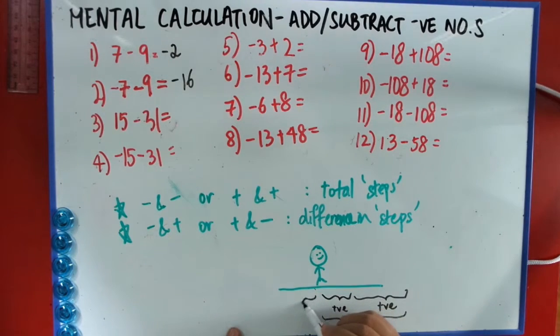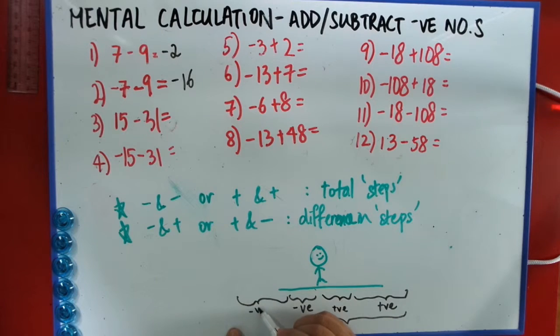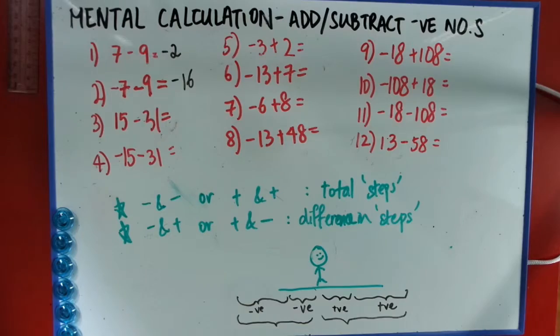If I have a negative number and I do another negative number, it is the total number of steps taken backwards.